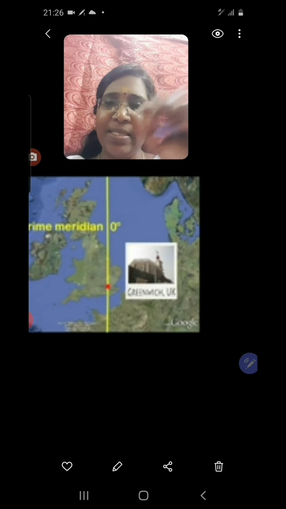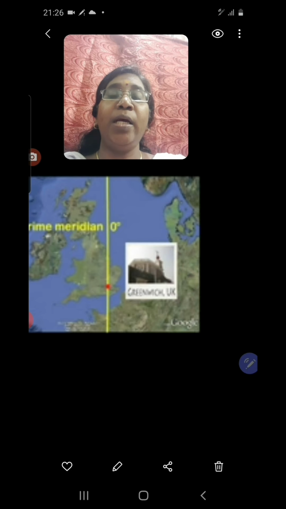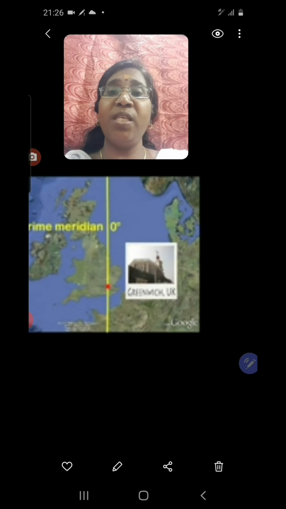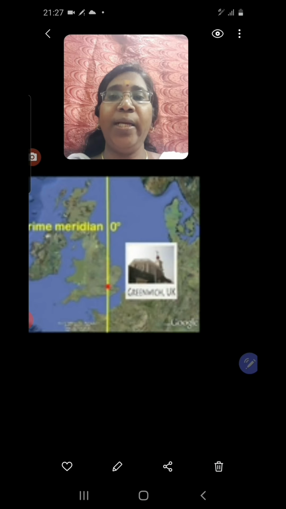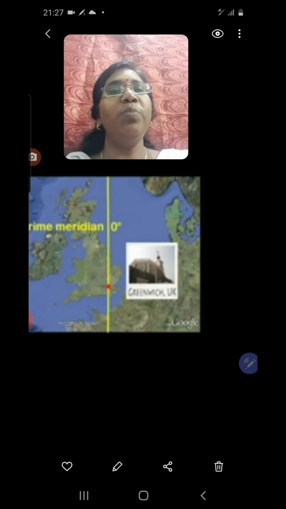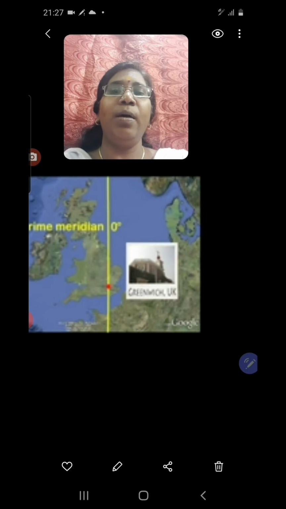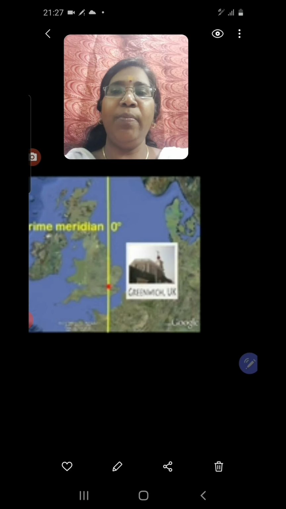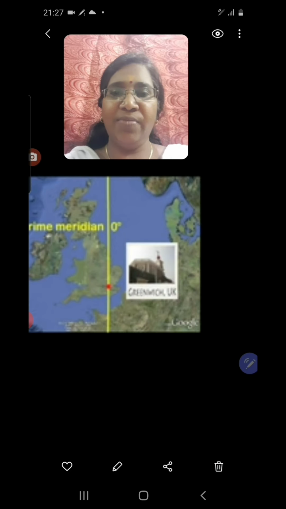Because this imaginary line passes through London in the UK, and the Royal Observatory, a scientific institution, is located in a place called Greenwich. So this famous Royal Observatory's name is also given to this line because it passes through this important place. So the 0 degree meridian or prime meridian is also named the Greenwich line.